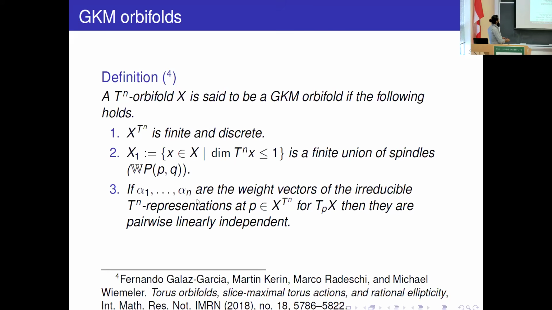Okay, now here I have to say a little bit: how we get these weight vectors. If we take a point, that is an orbifold point now, so it will have an invariant neighborhood, which we can pull back to the manifold case, and for that pullback, they showed that there is a manifold chart, or sorry, orbifold chart.